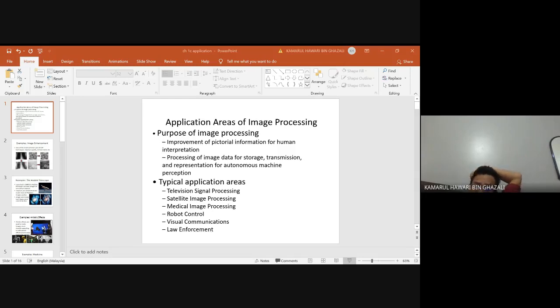So it's efficient, it can replace humans. Instead of using humans to harvest fruits in the plantation, we can use a robot, with image processing as the brain of the robot.